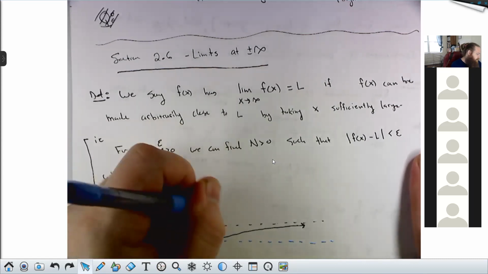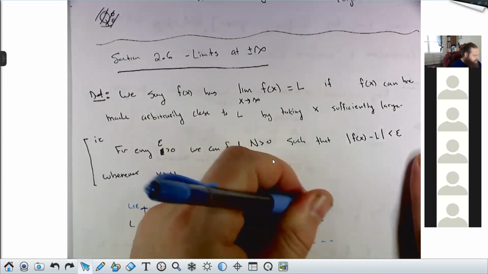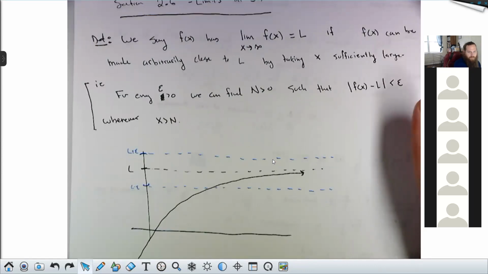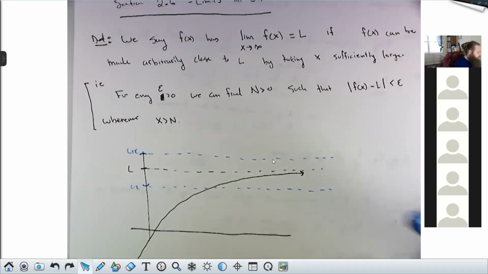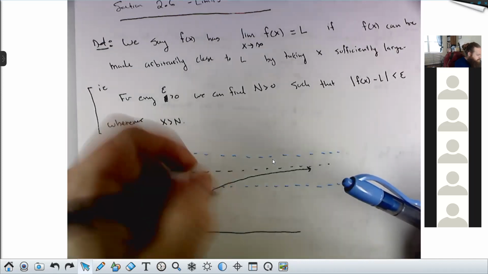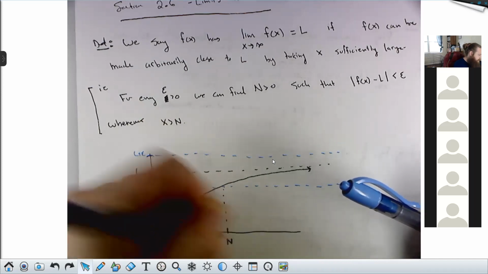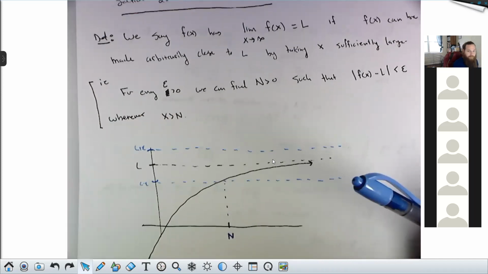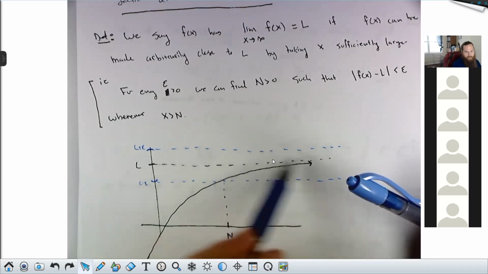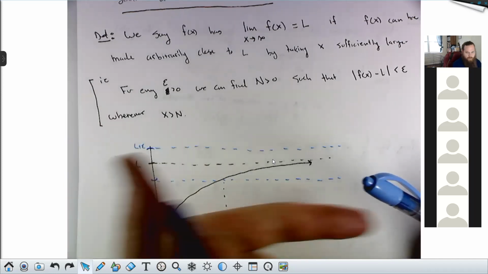In other words, if I can keep you in this blue window by walking sufficiently far to the right, and I can do that for any size blue window, then I would say that is your limit at infinity. So here would be capital N. If you take any x value to the right of this, you'll stay within this blue window. And as you shrink this blue window down, N goes off to the right.